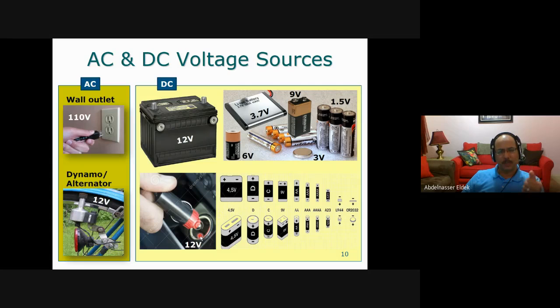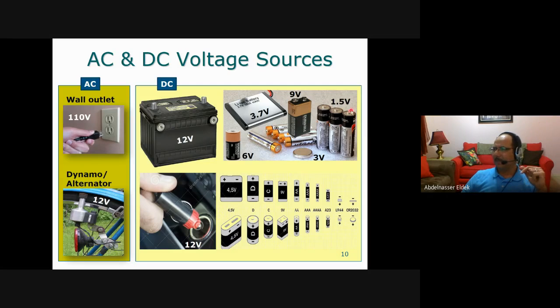If you want to use it as a charger for the cell phone, you have an adapter. This adapter will convert this 12 volts to 5 volts to be able to charge your cell phone. Or sometimes you can use it for other applications, like a GPS or any other stuff.